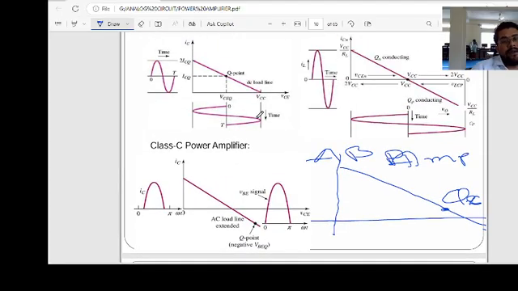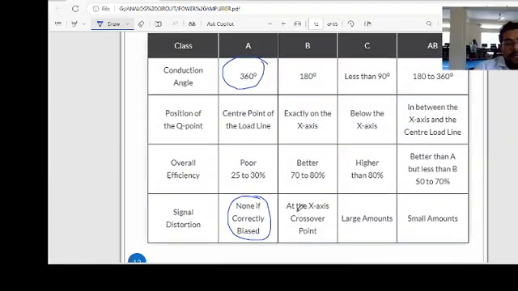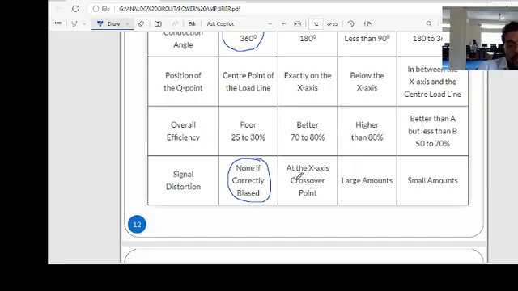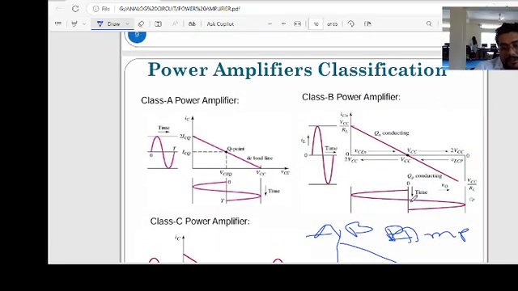It is only amplified. In class B, at the x-axis there is some crossover distortion, some changes here, at the Q point on the x-axis.